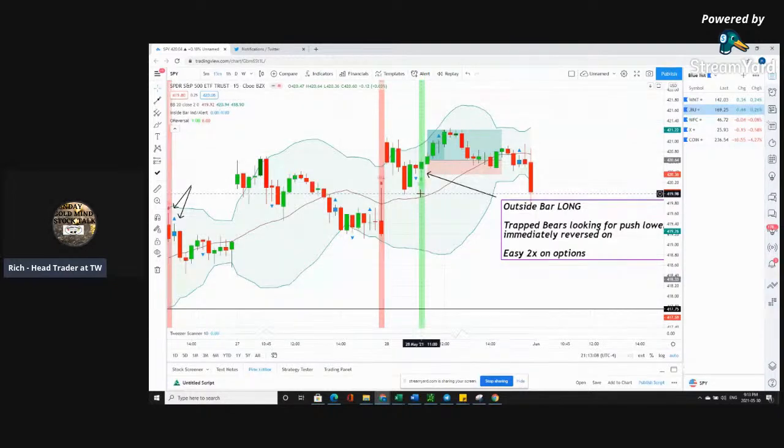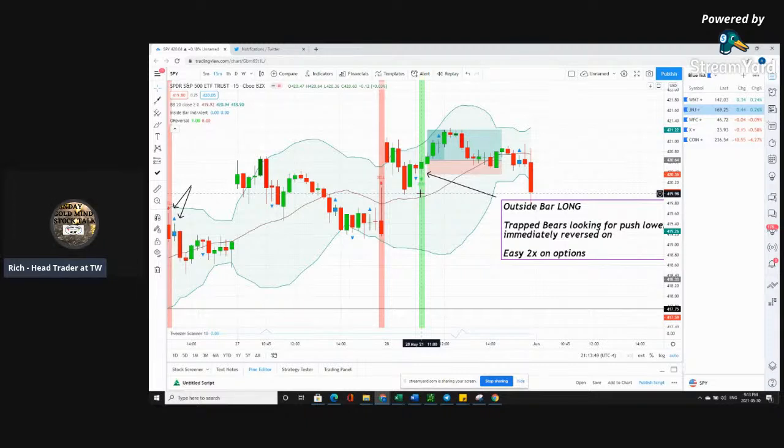If you would rather trade the fork and spoon, the cup and handle, drop a 1. Or if you would rather trade something as simple as an inside bar and outside bar that has no subjectivity, put a 2 in the chat. Let me know what you think. I want to see where you guys are at.